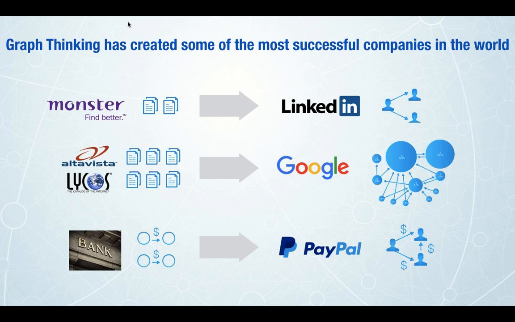So this was the basis of Google's ranking system, and PageRank is what they built their entire search engine around, and that of course looked at the internet as a giant graph and did graph search on that.